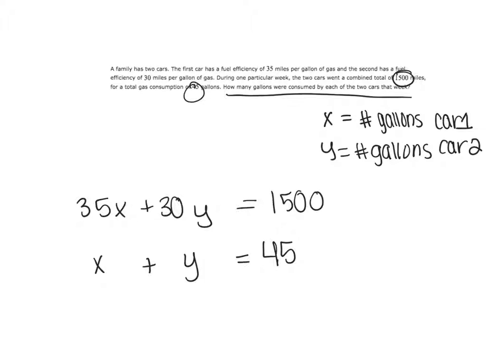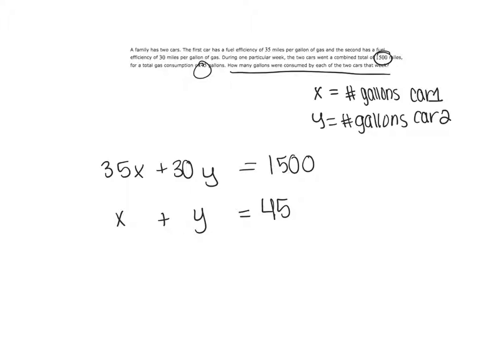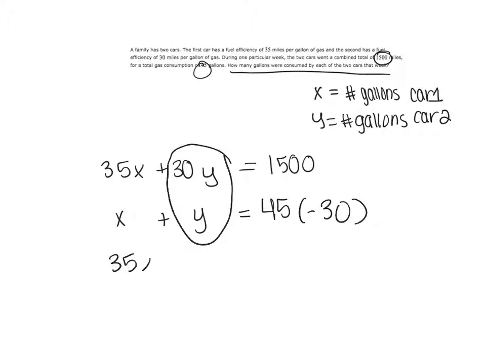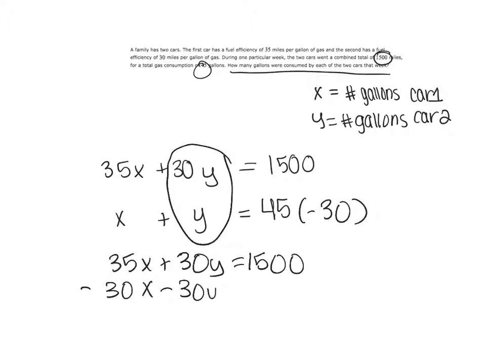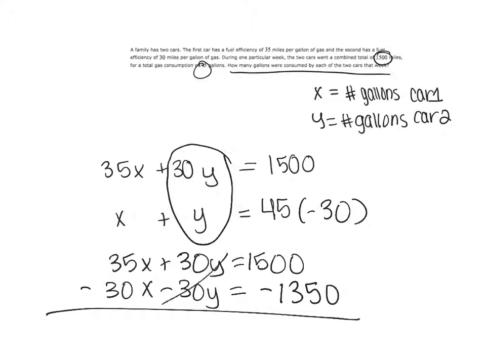From here, I'll just use elimination. I'm just going to work on canceling out the y's, so I'm going to multiply this second equation by a negative 30. I'm going to recopy the first equation, and then the second equation is going to look like negative 30x minus 30y equals negative 1,350. Then I'll add these both together. The y's will cancel.